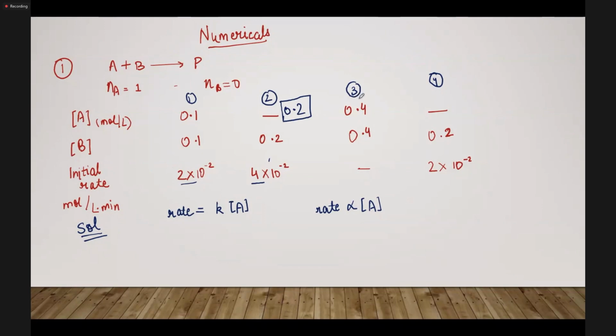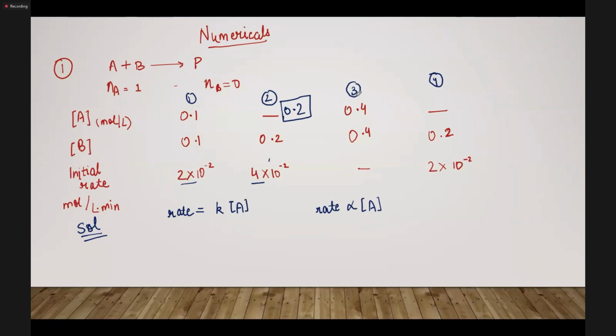Again, you compare it with the first column or you can compare it with the second column, doesn't matter. Suppose we are comparing it with the first column, the concentration of A is multiplying by 4. मतलब पहले 0.1 है and now it is 0.4.